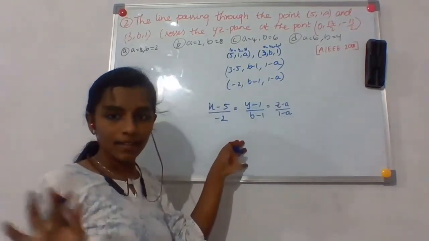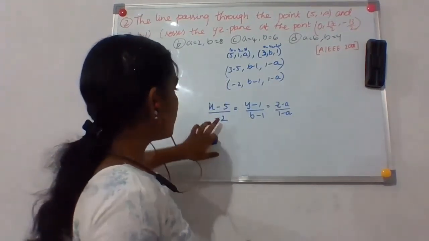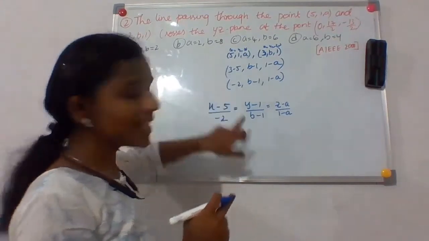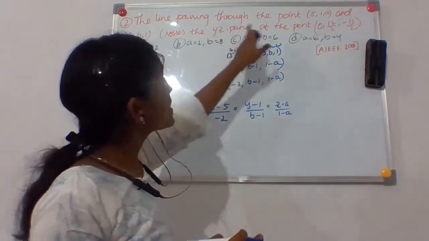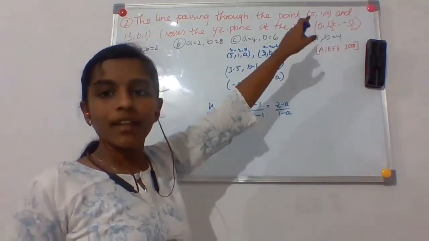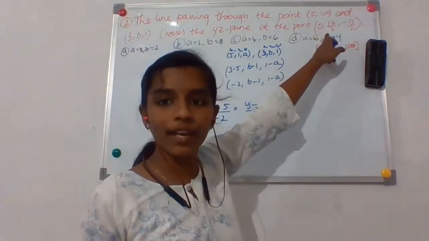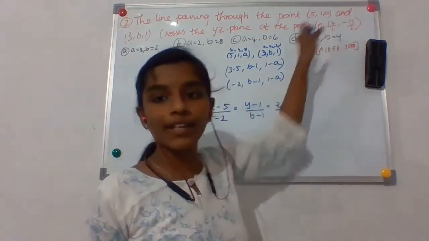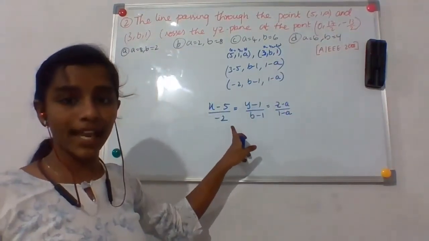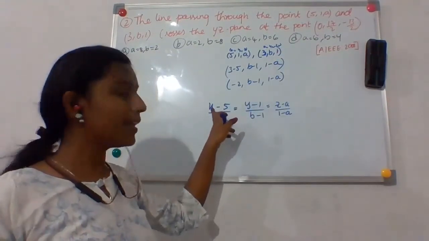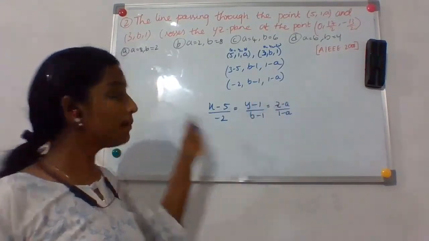Okay, that is it. Now he told you that this line crosses the YZ plane at this point. That is, the line passes through the YZ plane at this point. So now because this point lies on this line, you can substitute that point in x, y and z, right? So let me do that first.